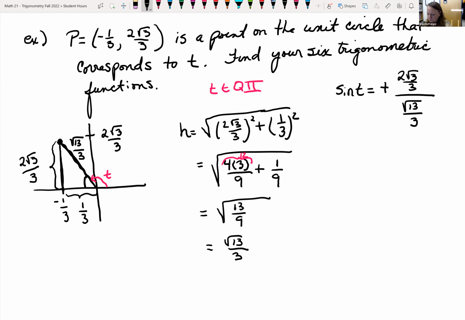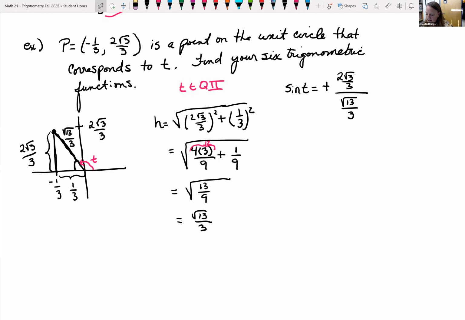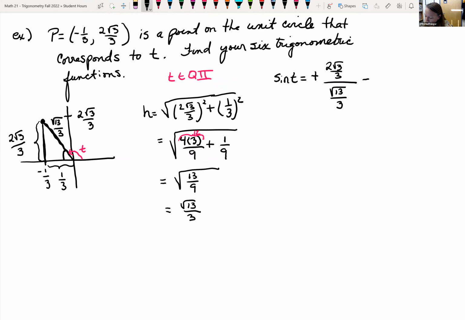We have a fraction within a fraction, and that's the same thing as the numerator, 2 root 3 over 3, times the reciprocal of the denominator. Flipping the denominator, we get 3 over root 13. Simplifying this, the 3's cancel. I notice I have a radical in the denominator, so to rationalize that denominator I can multiply by a fancy one, square root of 13 over square root of 13.